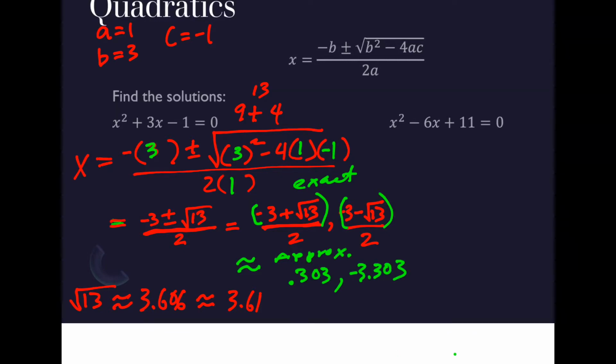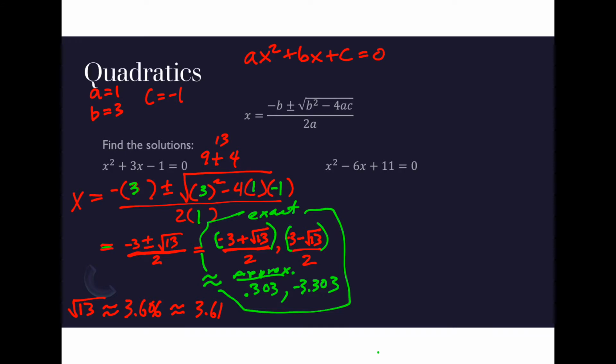Those are my two approximate and exact solutions. Notice that these are approximate because I had to round them. And whenever we round, it becomes a slightly different answer.